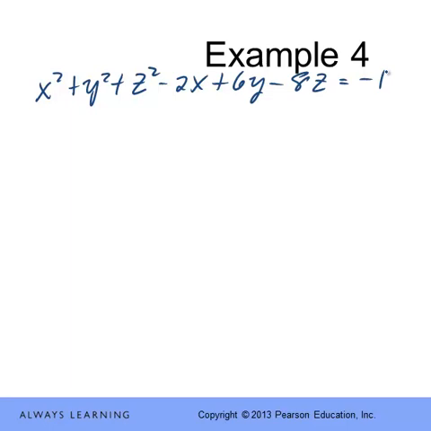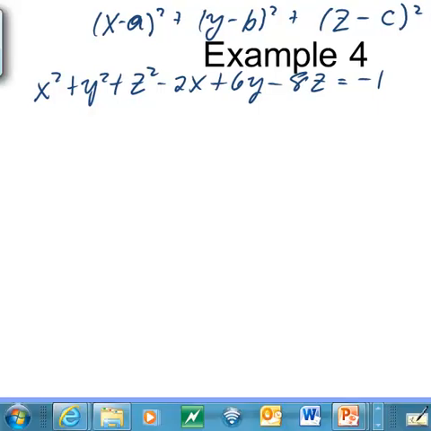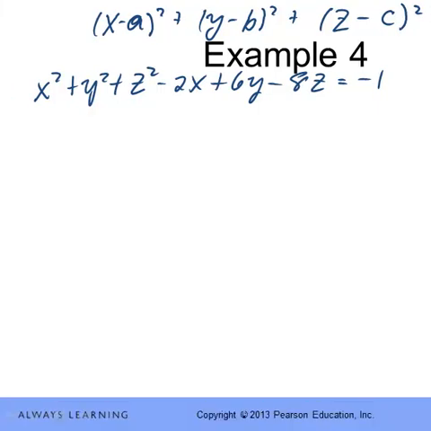So we need to put this equation in the form of x minus a squared plus y minus b squared plus z minus c squared is equal to r squared. Let's put it in that form here. So that means that we need to get the x's together.